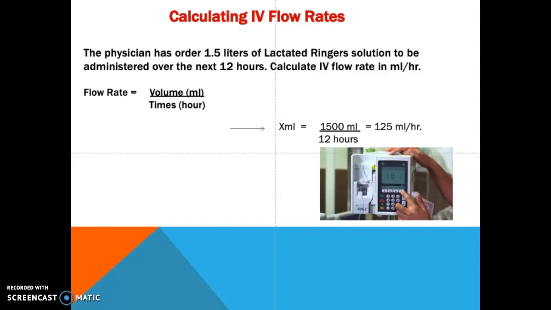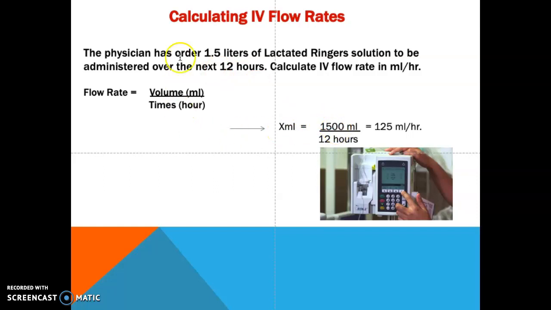So we know we have to convert 1.5 liters into milliliters because we're looking for X mLs. So 1 liter is equal to 1,000 milliliters. Therefore, 1.5 liters is equivalent to 1,500 mLs.